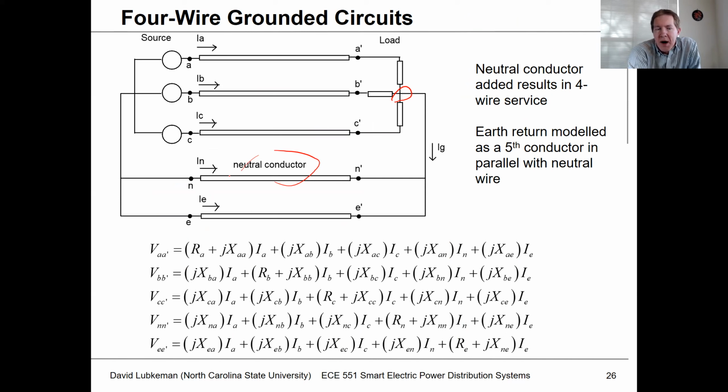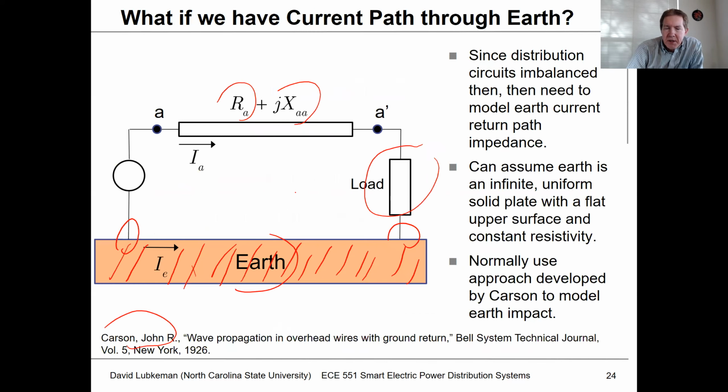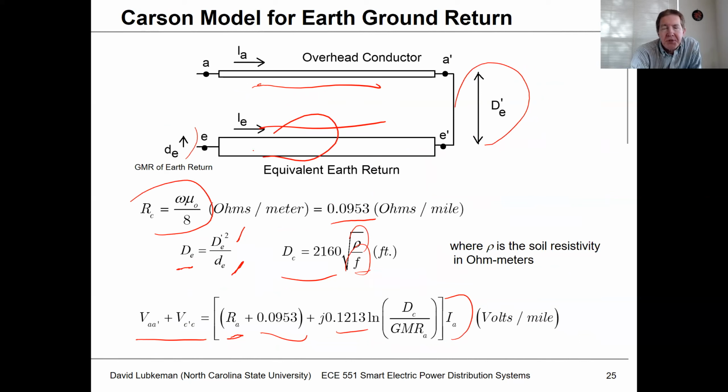So this is the 4th wire. This is normally denoted by N. And then we're going to have the impact of Earth, which I'm showing as a conductor here. But actually what that is, is this Earth here that we're going to model through this equivalent dirt conductor.